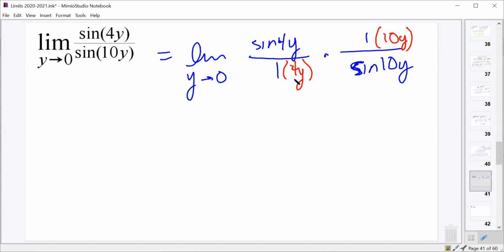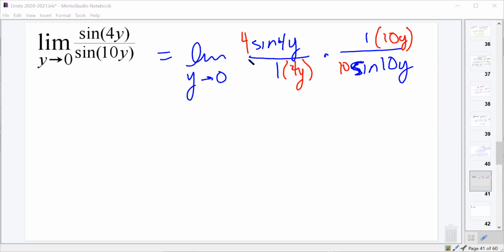Okay. I've multiplied the top by a 10, but not the bottom. So I do need to throw a 10 in down here. And I multiplied the bottom by a 4, but not the top. So I need to put in a 4. So now I've multiplied top by 40y, bottom by 40y. Perfectly okay, right? Like multiplying by a 1. Everybody good there?